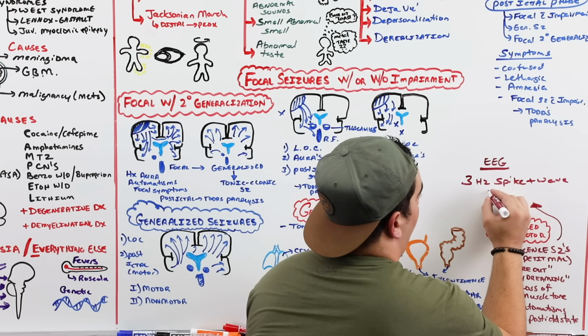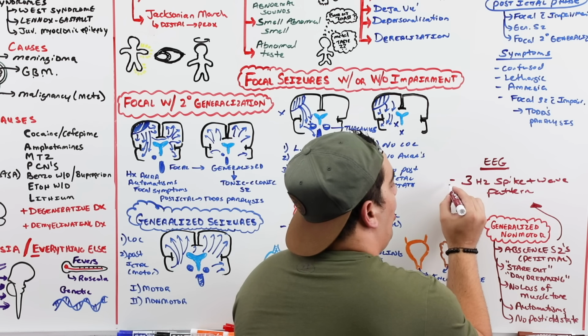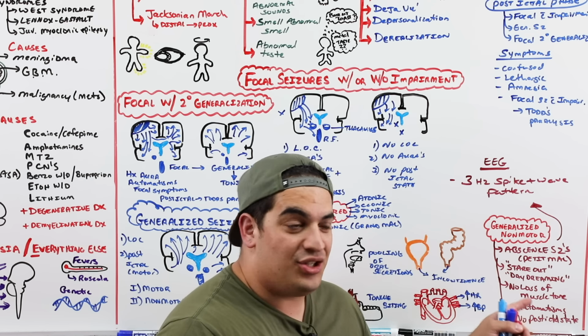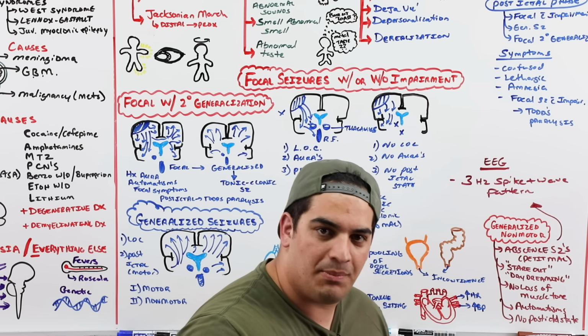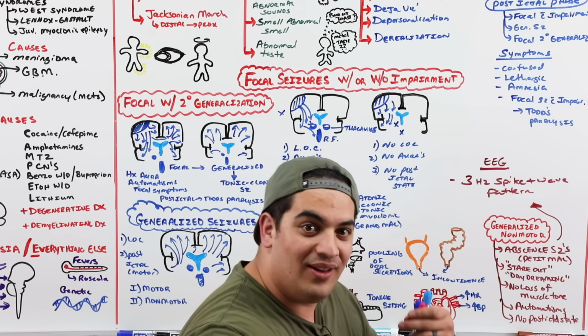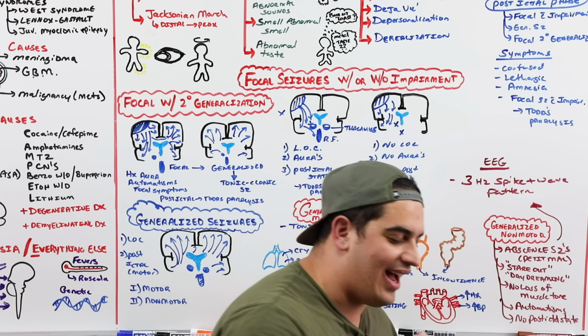So I just wanted to make sure that we preface this within the diagnosis. On the EEG with absence seizures, you can see this classic 3 Hz spike and wave pattern as well. Okay, so that finishes up our clinical features discussion. Now let's start going into the diagnostics.